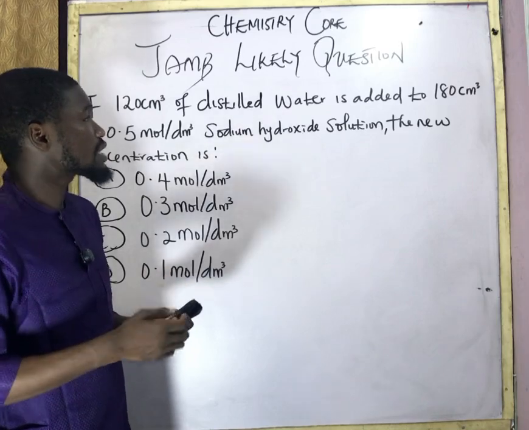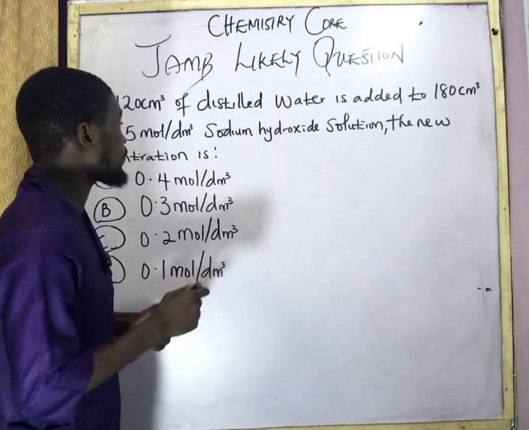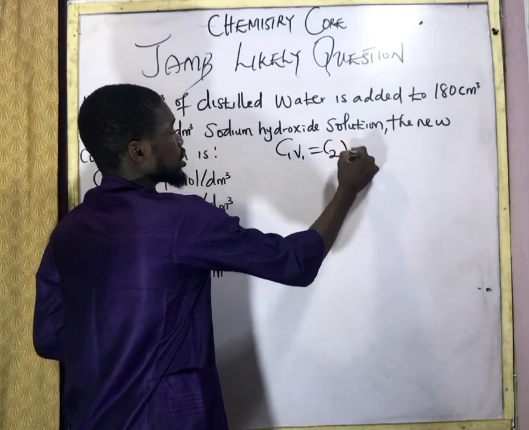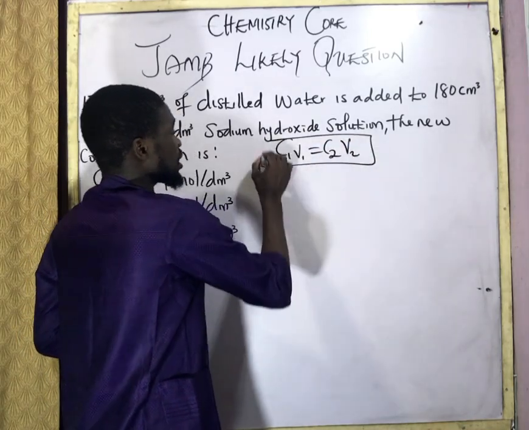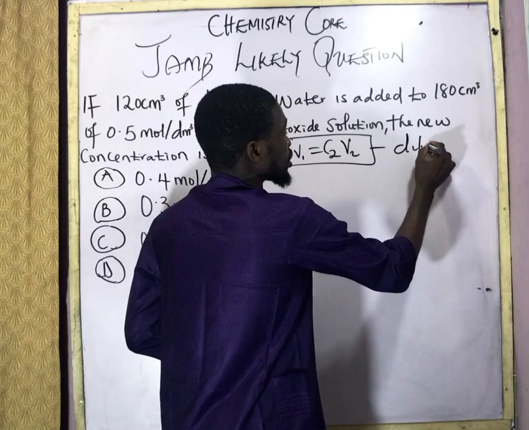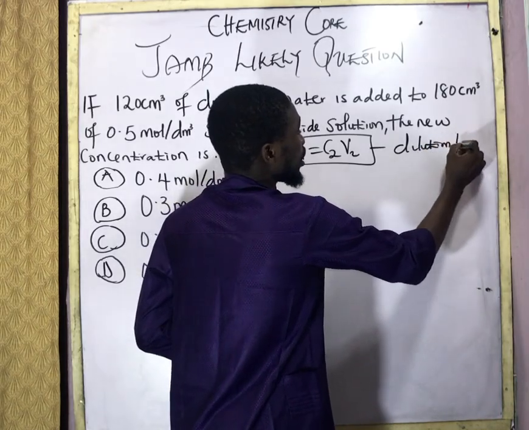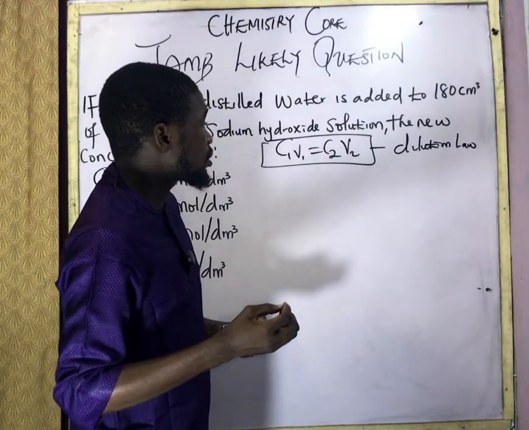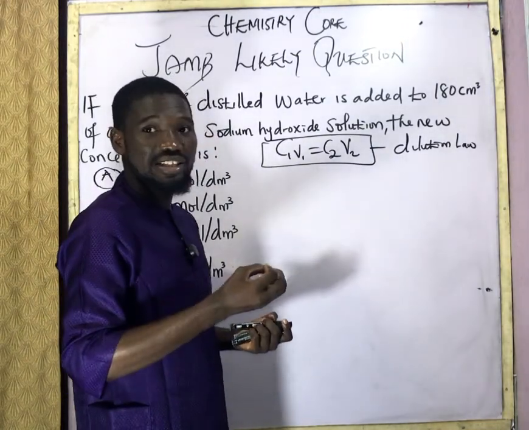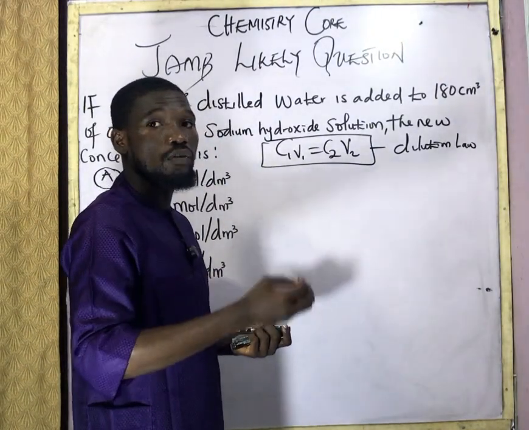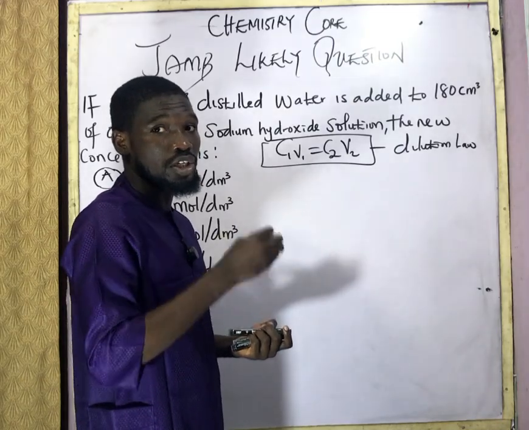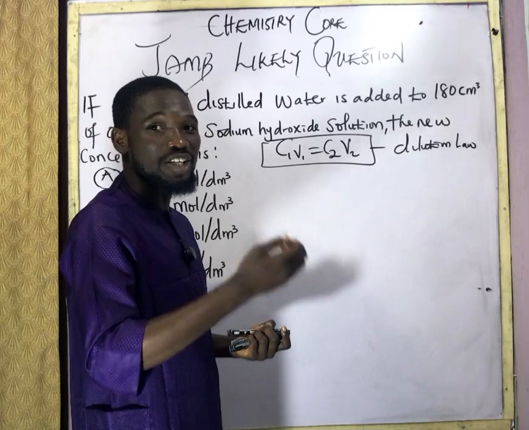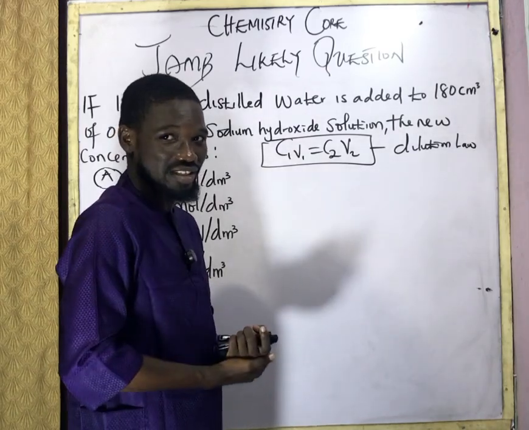And what is the formula we are going to use? The formula we are going to use is C1V1 = C2V2. So this is the dilution law. According to the dilution law, when there is a decrease in the concentration of a solute in a solution, usually water or a solvent is added to it.